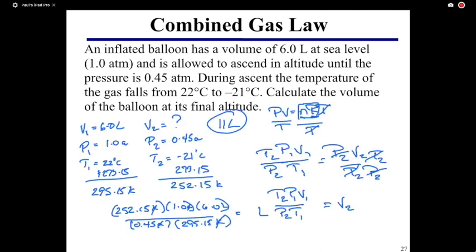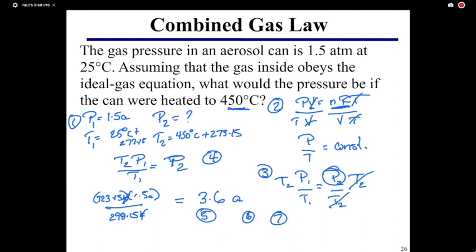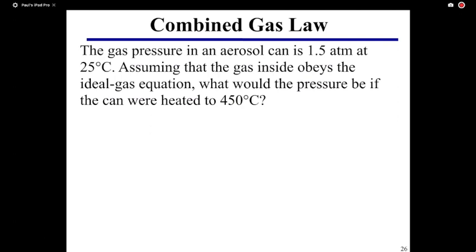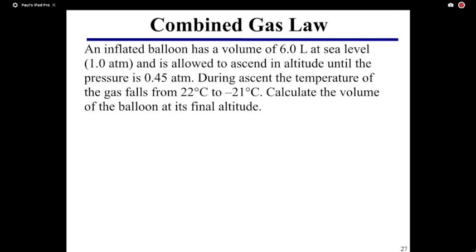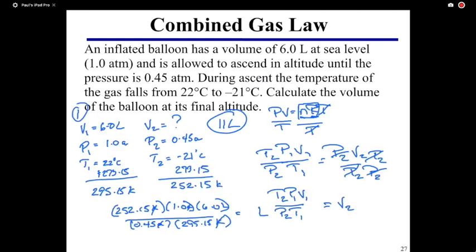Now, I can do examples all day long, but what were the steps? The steps of this were to first what?